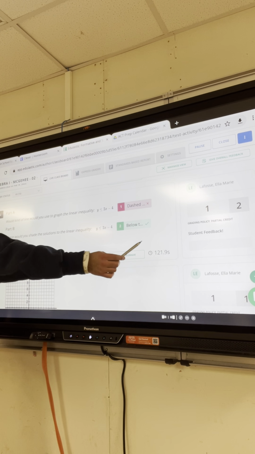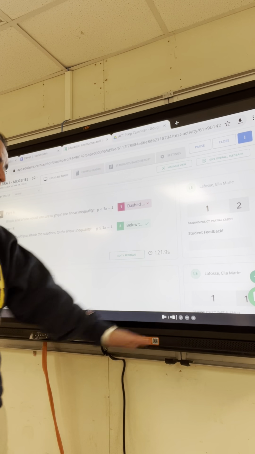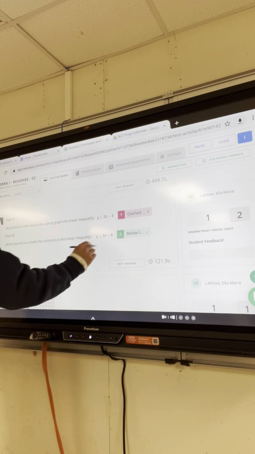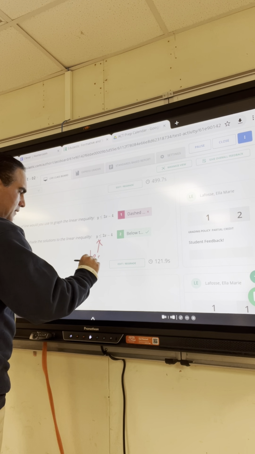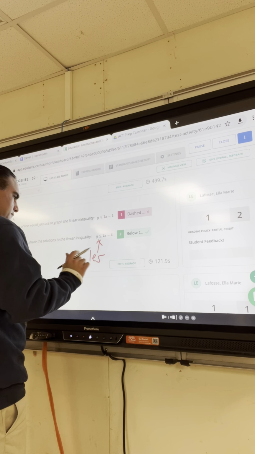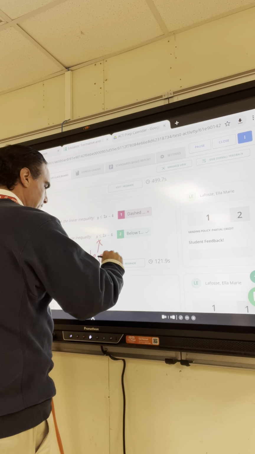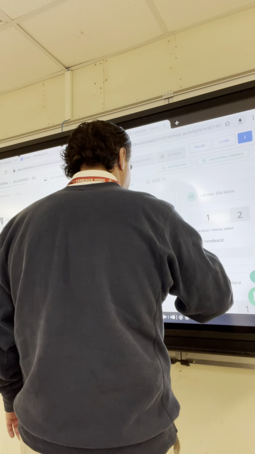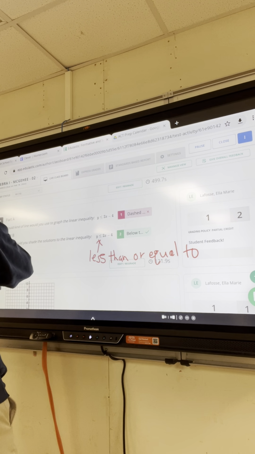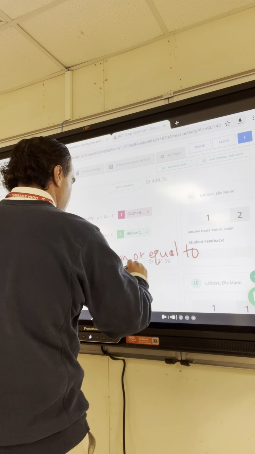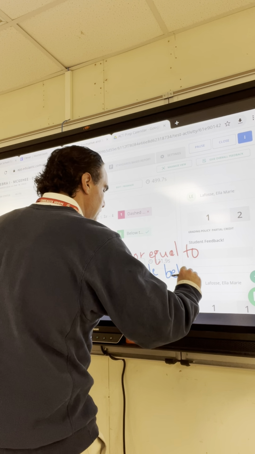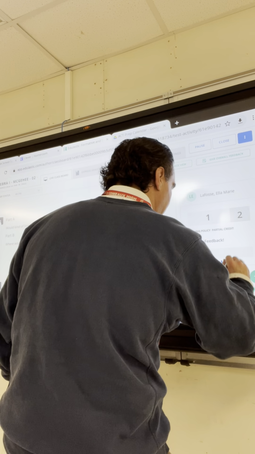Part B, where would you shade the solutions to the linear inequality? We're going to shade it below, right? Because y is less than or equal to. So we shade below the solid line.